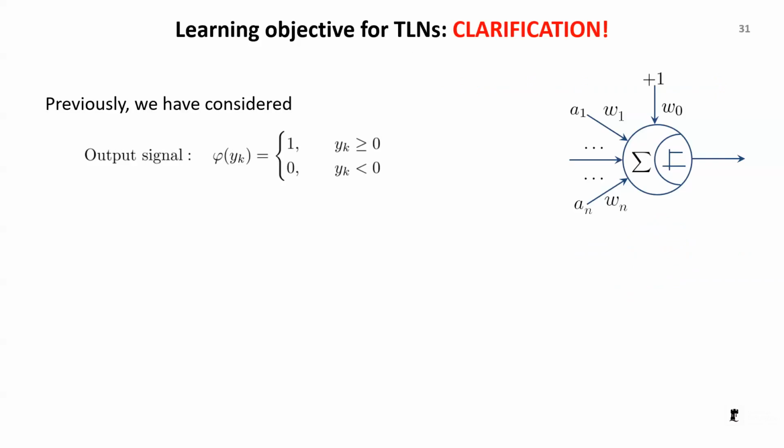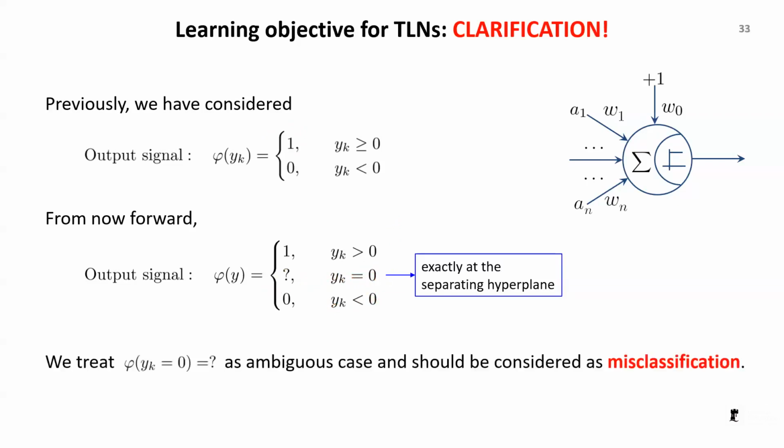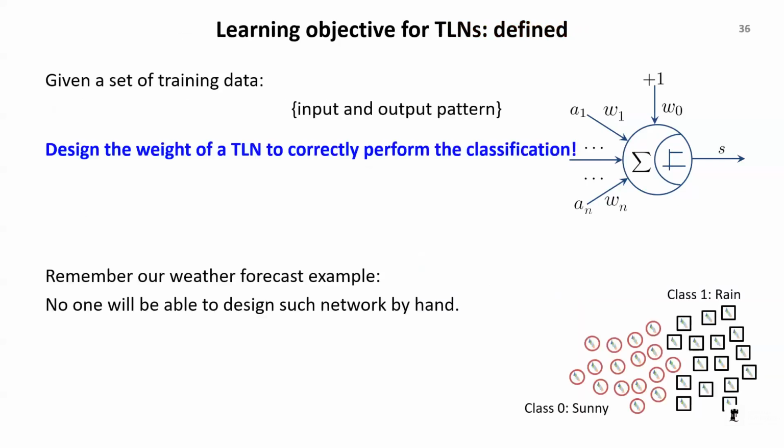This is what we previously used: if the activation state is larger than or equal to 0, the output of the threshold logic neuron is 1. But it is not convenient when the activation state equals 0, because it is quite ambiguous.